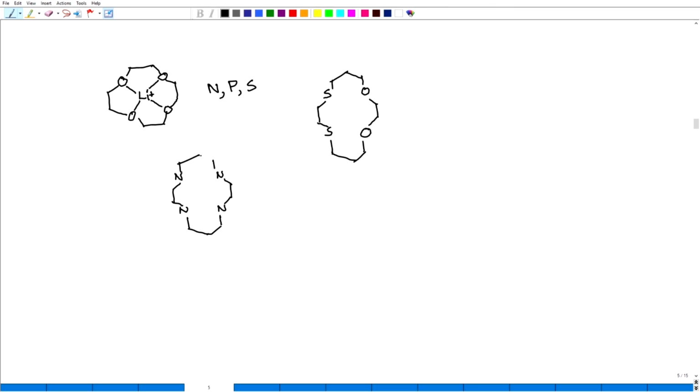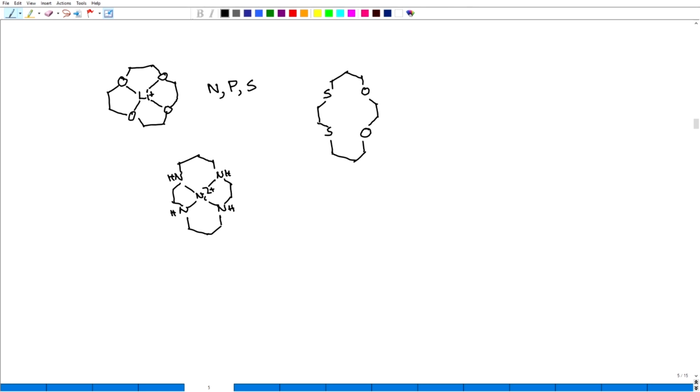This particular compound with secondary amino groups binds, say, nickel 2 plus very strongly, because of size matching, again size matching you understood.